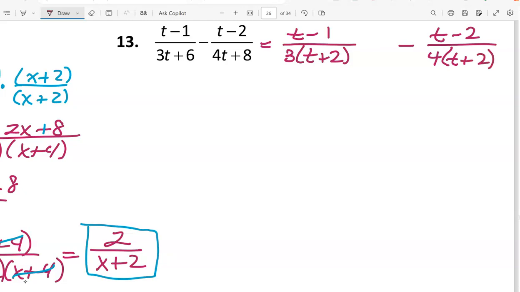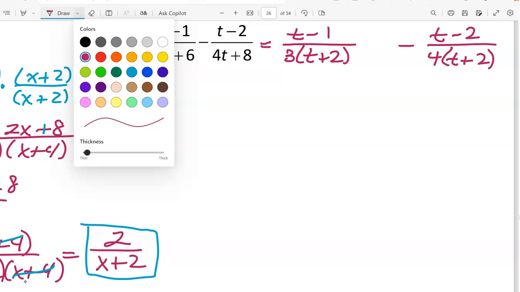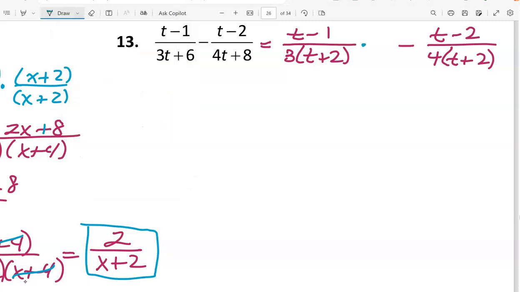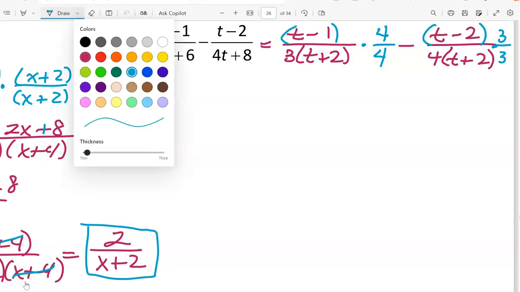So we get 3 times t plus 2 and 4 times t plus 2. That means we can find a common denominator of 12 times t plus 2 by multiplying fraction number 1 by 4 over 4 and fraction number 2 by 3 over 3. Remember those understood parentheses around the numerators, which are binomials of each of those fractions.